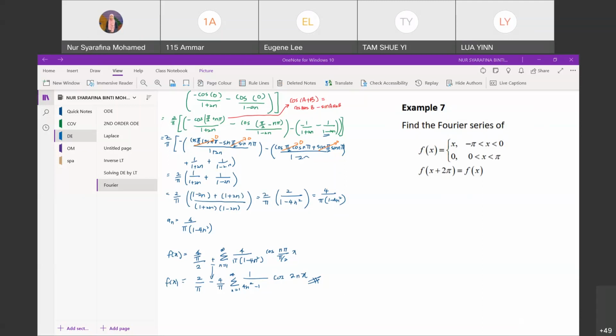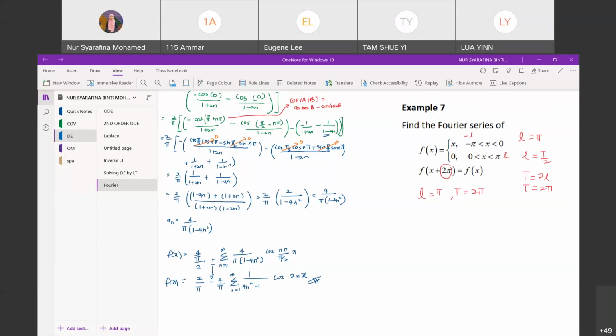Then you can evaluate T from the given range, where the range here is from negative L to L. So when L equals pi, you know that L equals T over 2. So T equals 2L, T equals 2 pi. So L is pi, T is 2 pi.